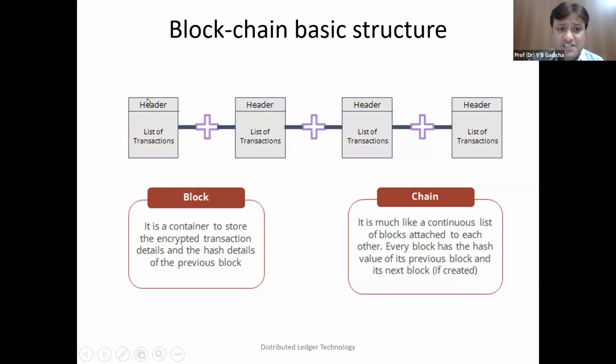Then the hash of this block is computed, and that is given to the next block. The next block consists of its own header, its own transactions, and the hash of the previous block. All these three components combine and form a hash, and this newly formed hash is again given to the next block.